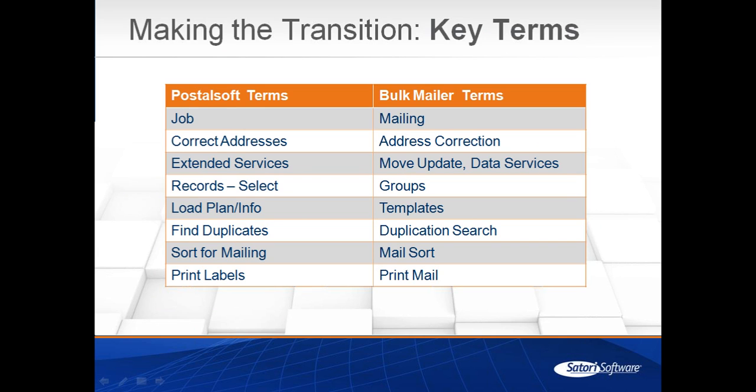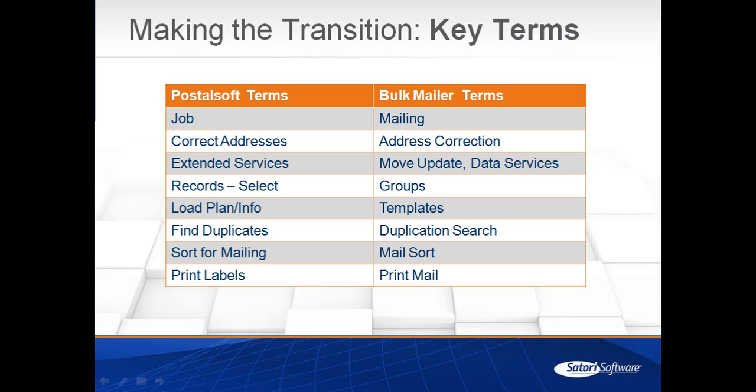So you'll see on the screen here we have terms for some of the common tasks that you'll use during or throughout the course of your mailing. For example, a job in Postalsoft where you actually import records in and do stuff with is known as mailings within bulk mailer. Postalsoft term correct address is referred to as address correction within bulk mailer, and I'll get into some of these terminologies as I'm giving the demo as well.